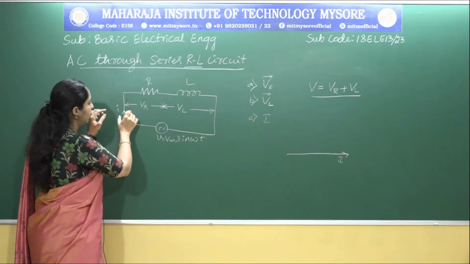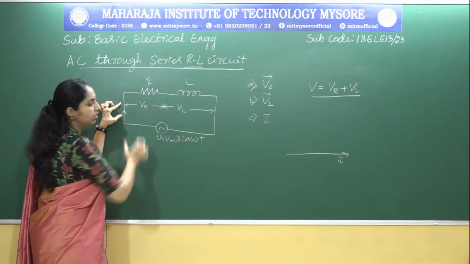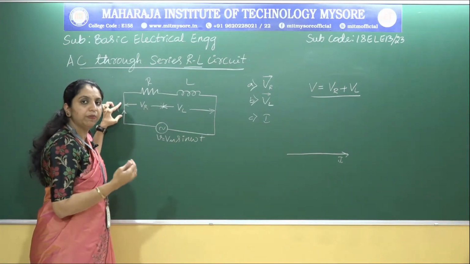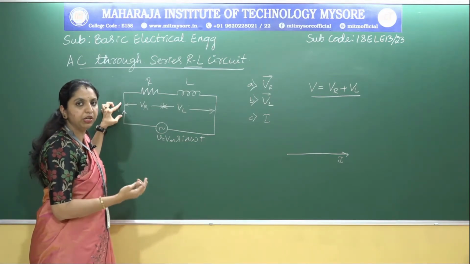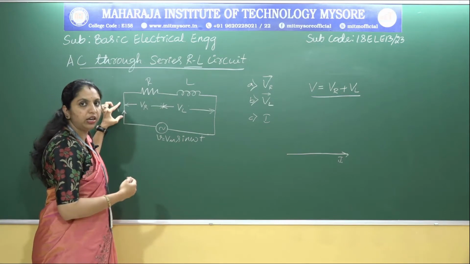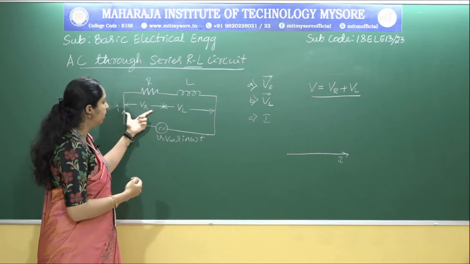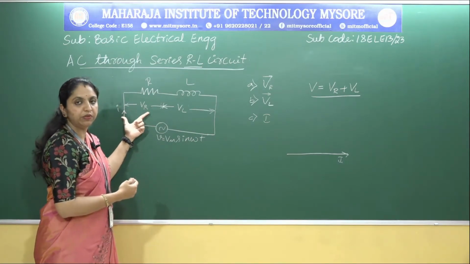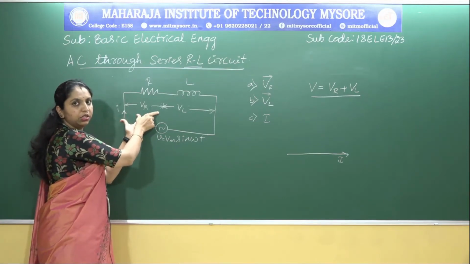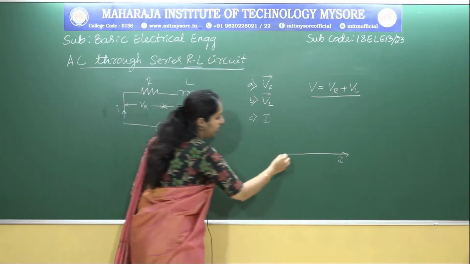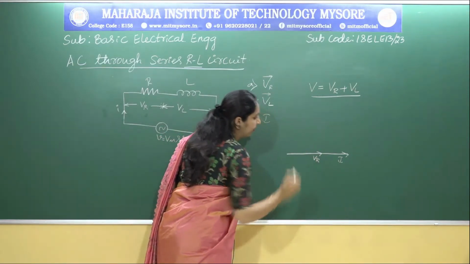If you consider only the relationship between the alternating current and the voltage drop across the resistance, you can recall AC through a pure resistance circuit. What is the relationship between the current and the voltage drop across the resistance? The phase difference between them is 0. Since the phase difference is 0, this VR exists in the same line.